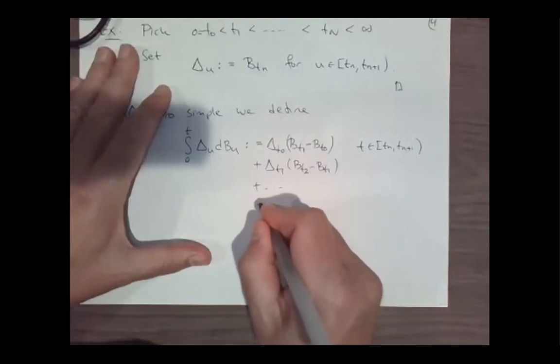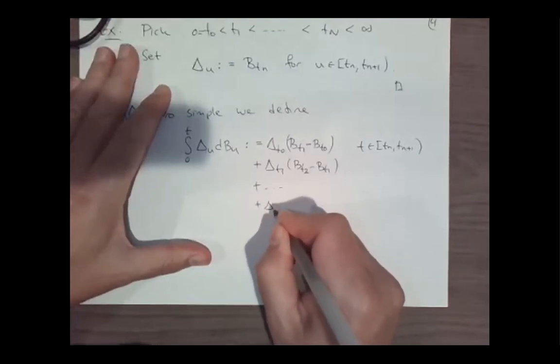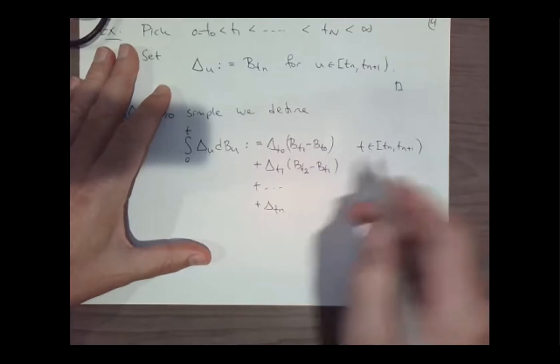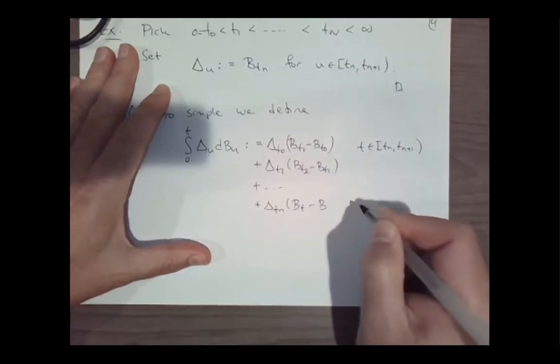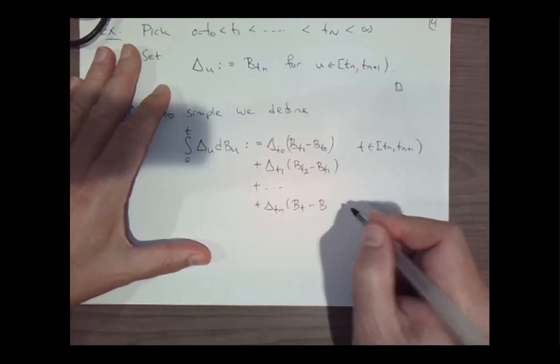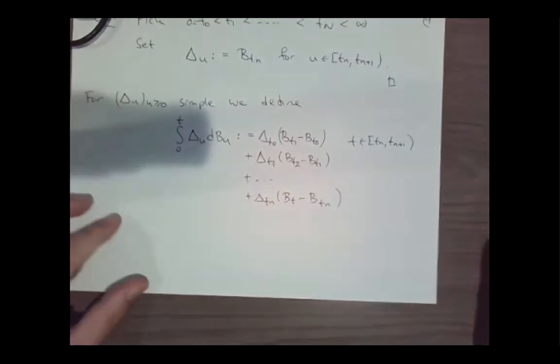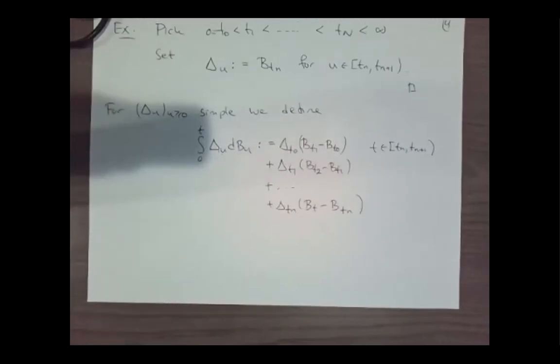There we will have Delta tn times B(t) minus B(tn). So that's the integral for the simple processes.